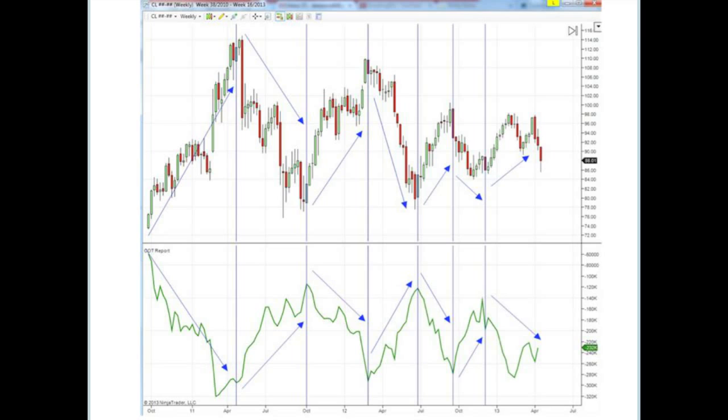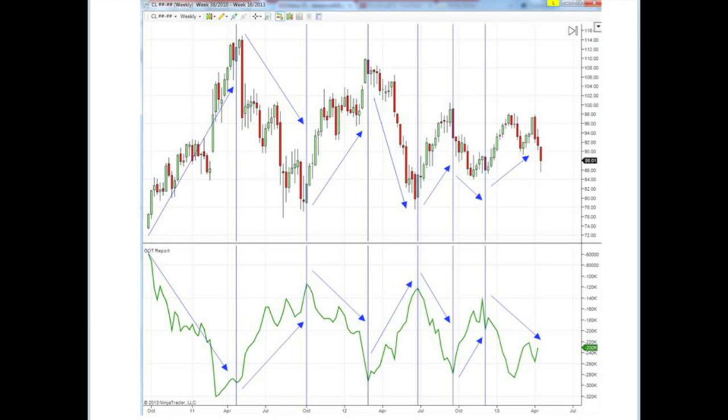But first, it starts with figuring out how the commercials are positioned and how the general market is expecting any different type of price change going forward into the future.